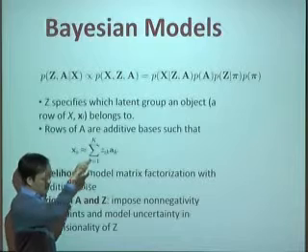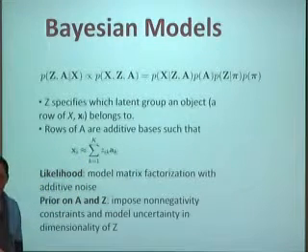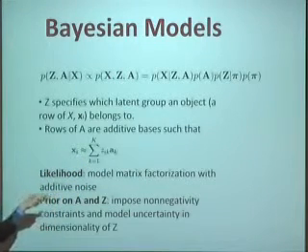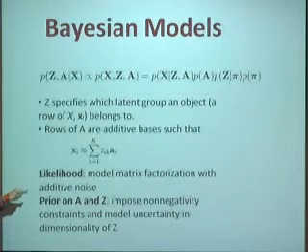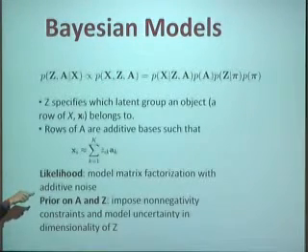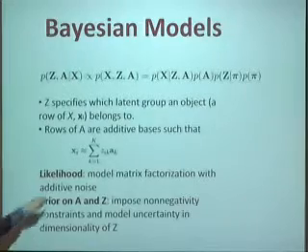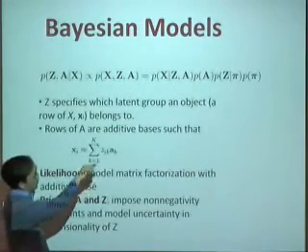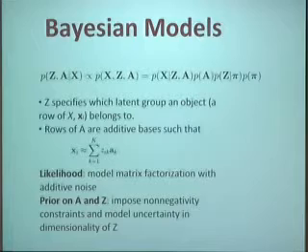Each element of X follows a Gaussian distribution, and the mean of this Gaussian distribution is simply z_ik multiplied by a_k, and the variance comes from the Gaussian noise.